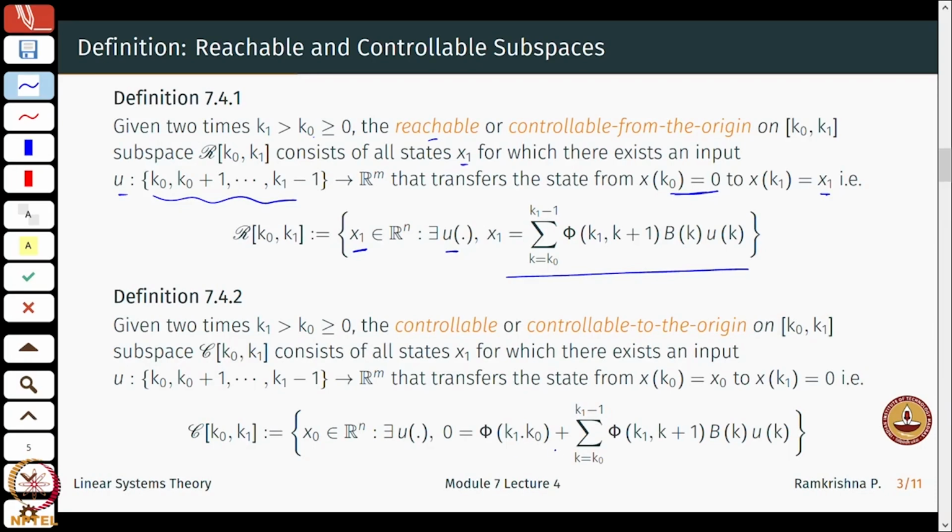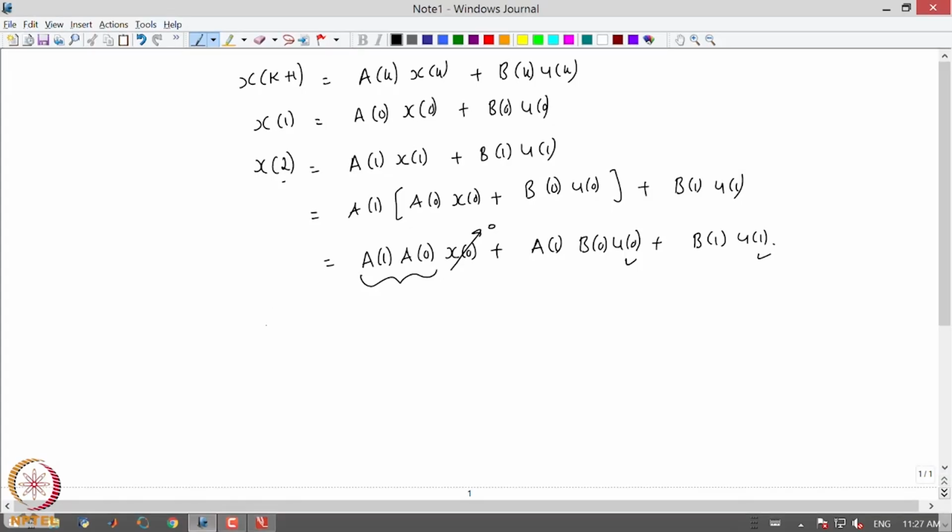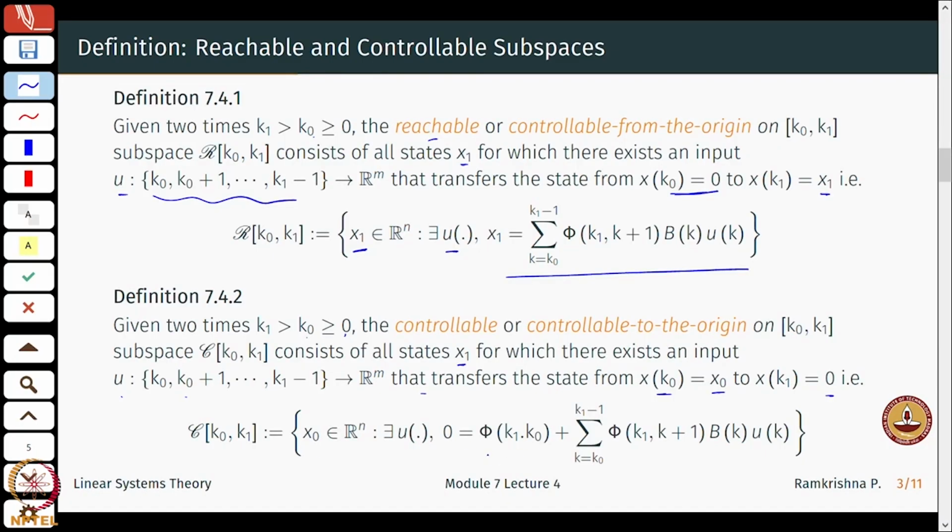Similarly for the controllable subspace, I have given times k1 with the same conditions. The controllable subspace consists of all states x1 for which there exists an input sequence that transfers from any initial condition to the origin. It's just by looking at the fact that my final state is the origin. So I have a 0 on the left hand side and that would turn out to be something like this. So all the initial states x naught for which there exists a solution to this equation.